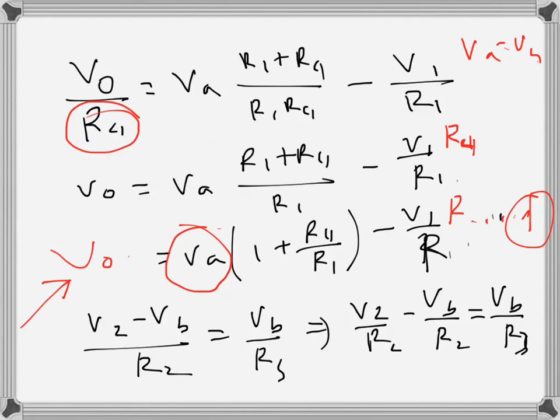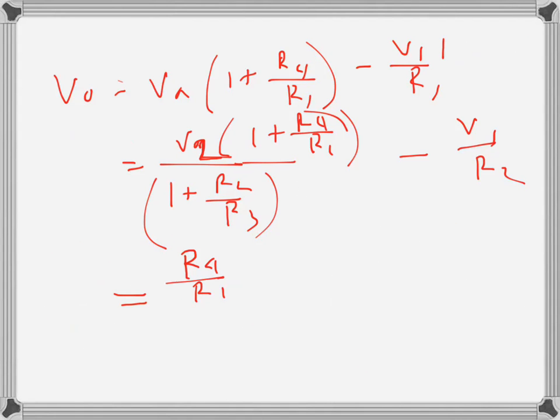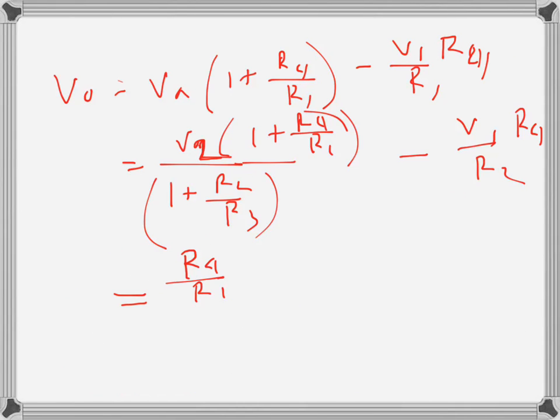So it will actually have R4 over R1, not only V1 over R1, so V1 times R4 over R1. I have corrected it now in the first equation of V naught in terms of VA and V1. Since there is an R4 over R1 ratio there, I am taking it out.